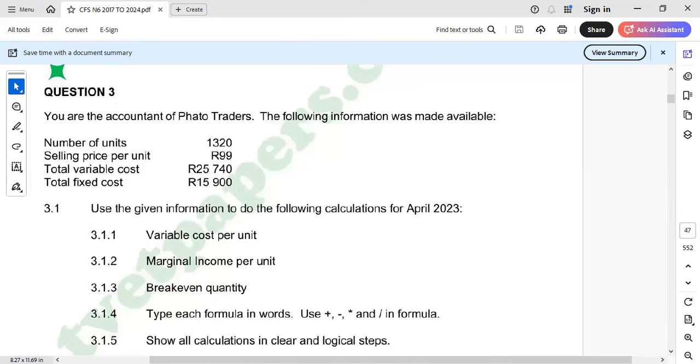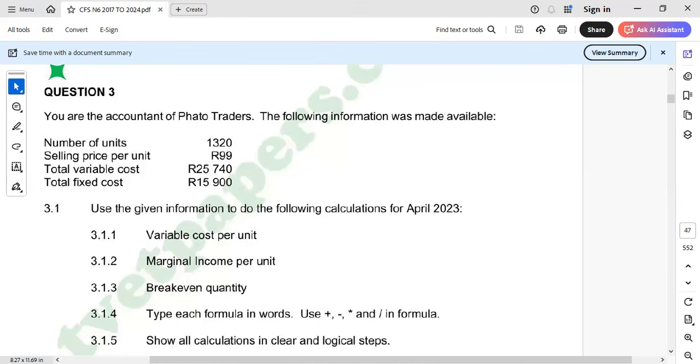Which is 1,320. So now let's just put it here, or we can delete this. We put the amount there.